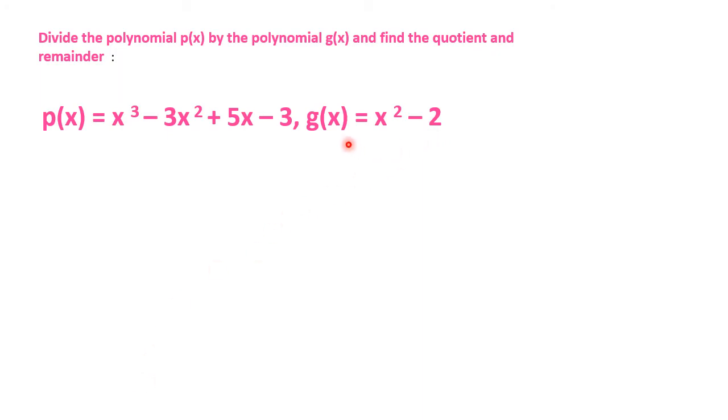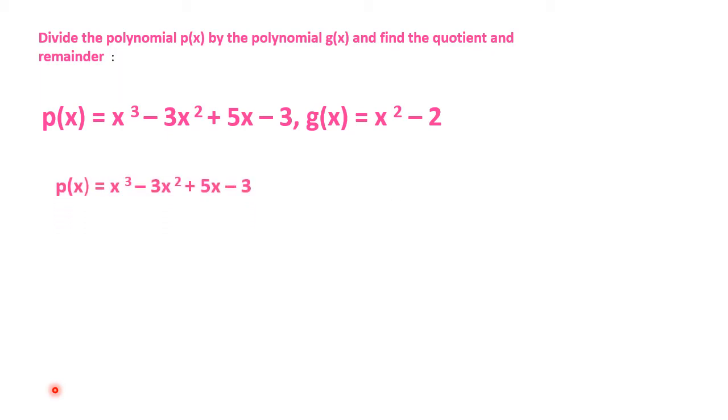Now, you can see that Px is having degree 3. The degree of polynomial Px is 3, whereas the degree of polynomial Gx is 2. So, the degree of Gx is less than the degree of Px. Now, where will we place Px?